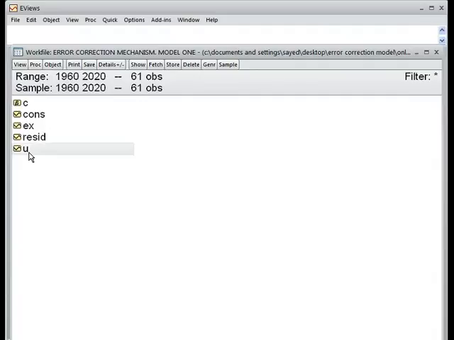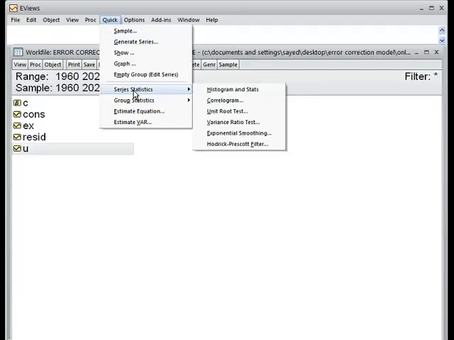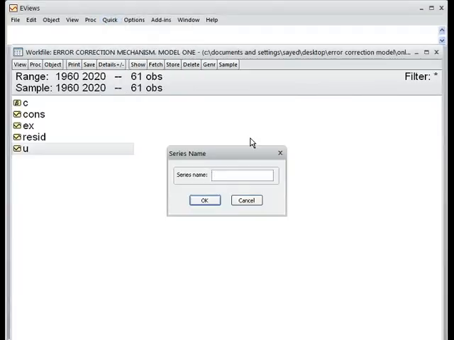Okay, now if this u is stationary, then our estimated model is not spurious. So how to check? I go to quick, series statistics, unit root test, then I write u. U is the residual, right?